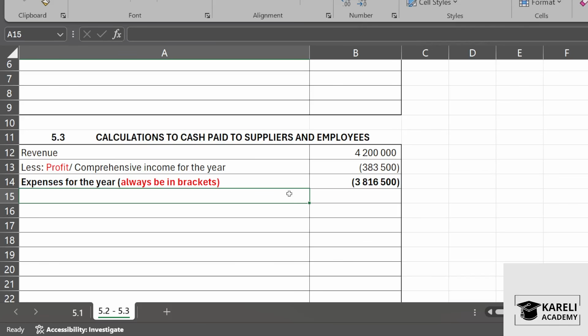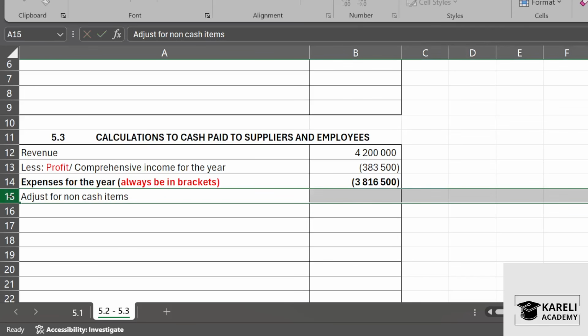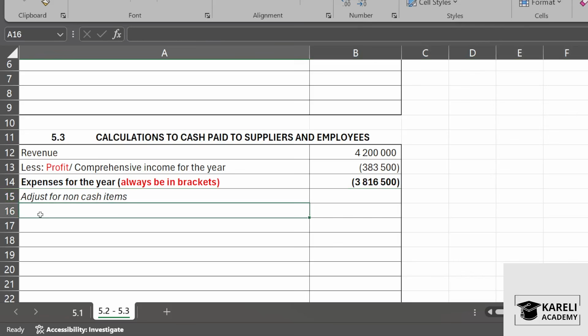Then we must adjust for non-cash items. Now, what are the non-cash items? By non-cash items, we refer to the interest received.